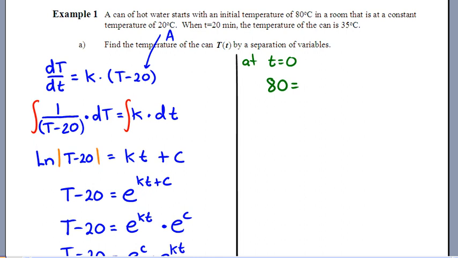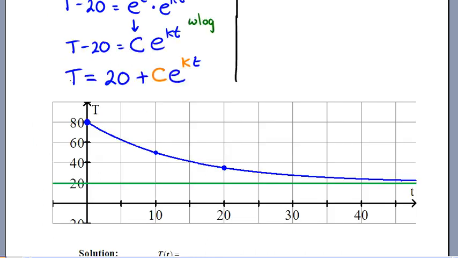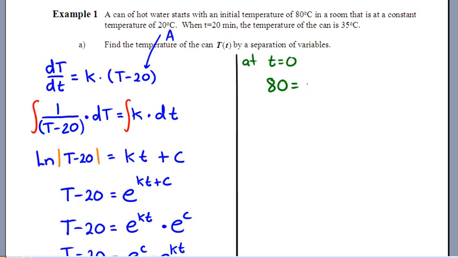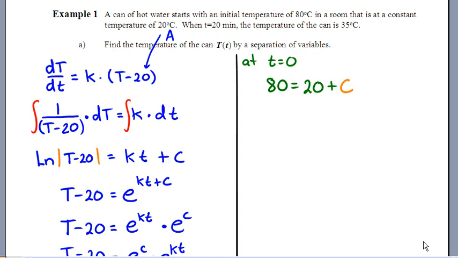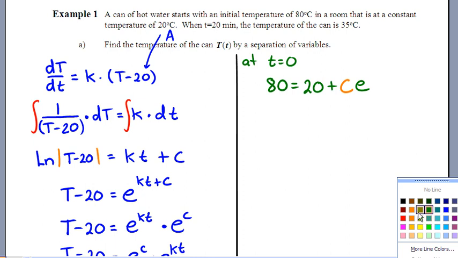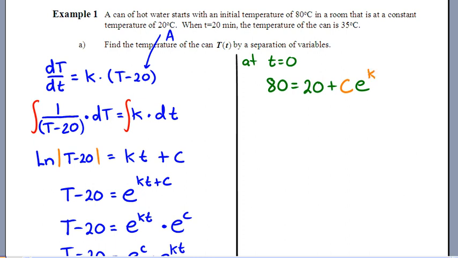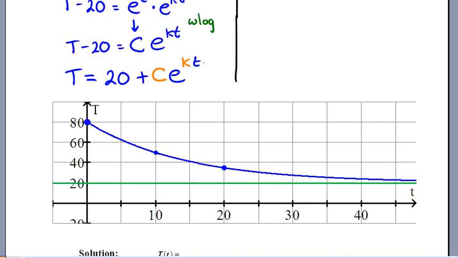That's equal to, let me look back down here, 80 equals 20 plus that orange C, and then e to some k that I don't know, but multiplied by a time of 0, right? I'm just taking the story down here, putting 0 in for this t.